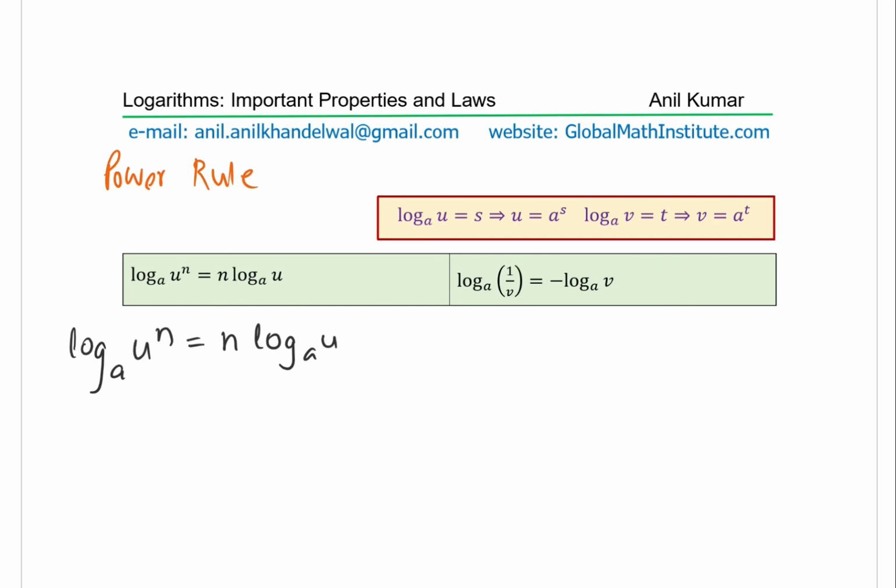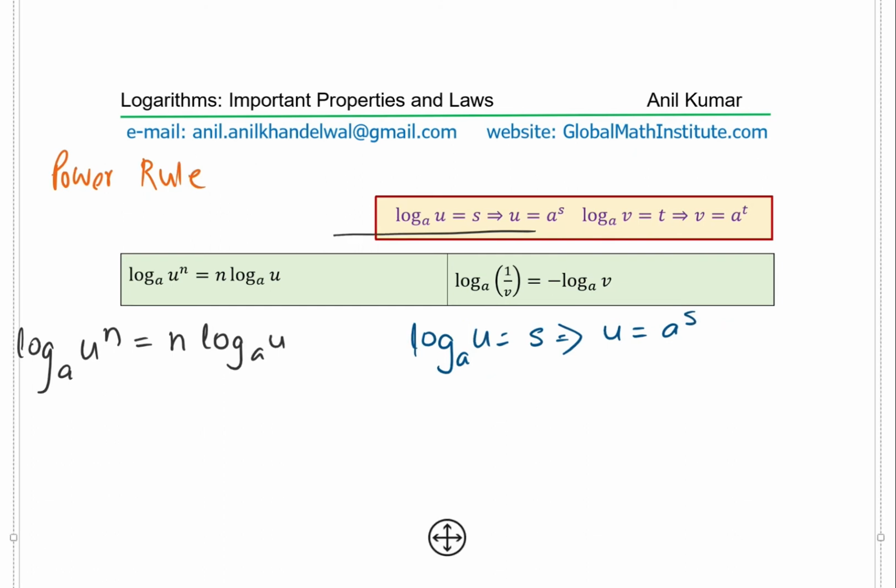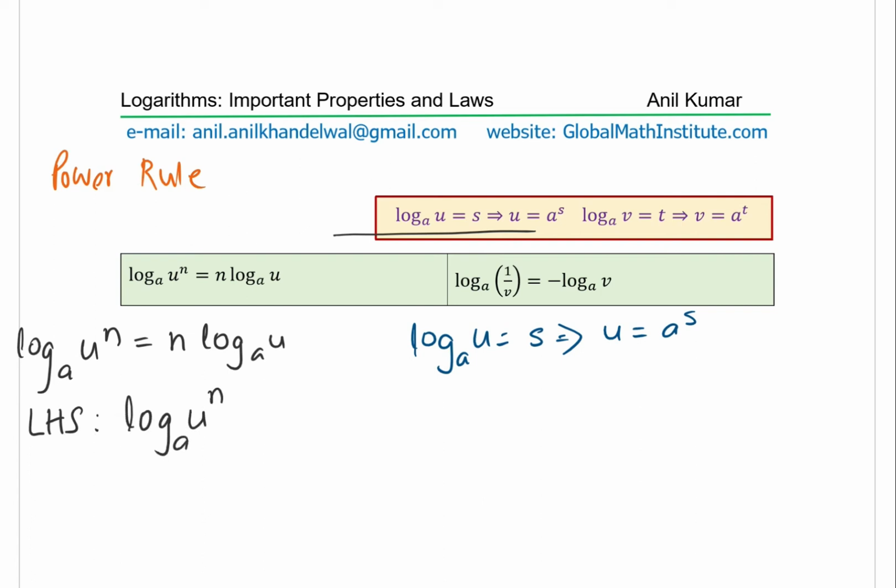Now in this case again we are going to do the same substitution. We'll substitute that log to the base a of u, let it be s, and that really means that u is equal to a to the power of s. Now let us substitute the left hand side, which is log to the base a of u to the power of n.